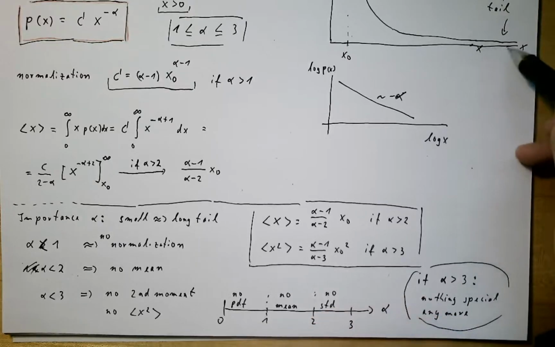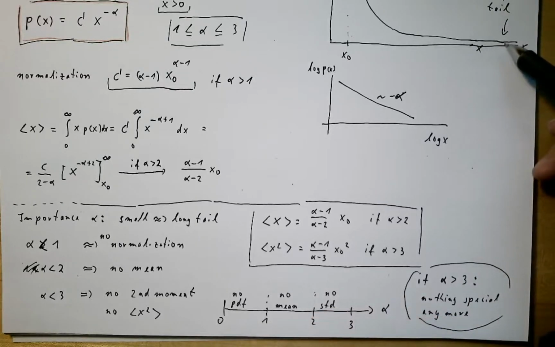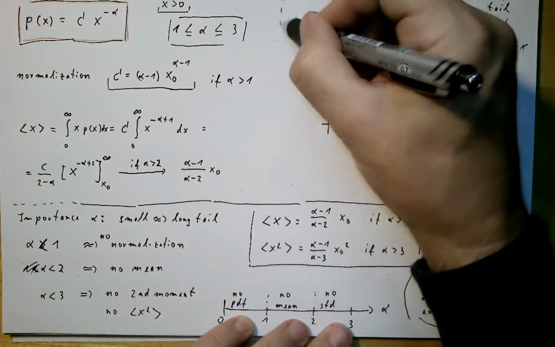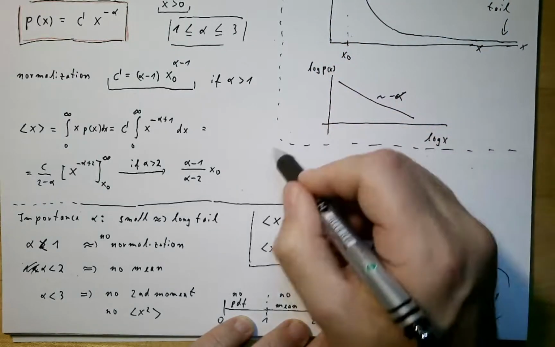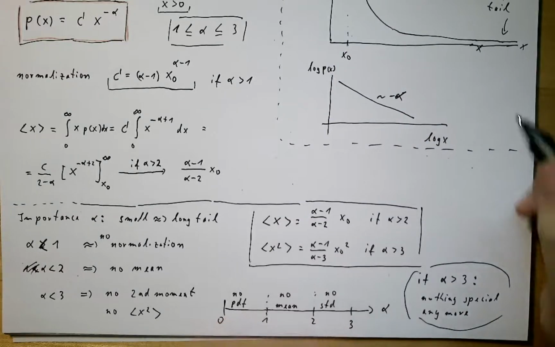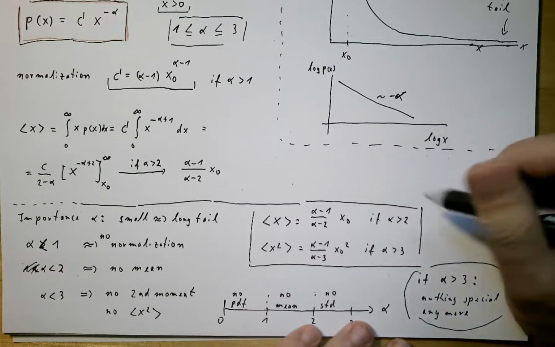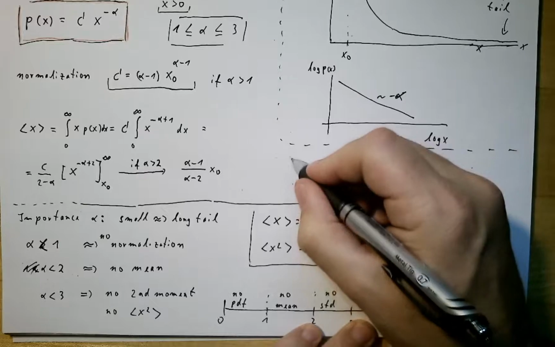So rarely we can have an arbitrarily large number here. Maybe another piece of information, to make the slide very condensed: sometimes we're interested in the cumulative distribution.